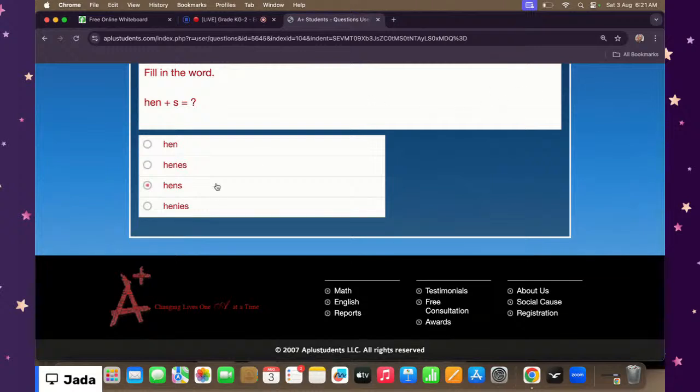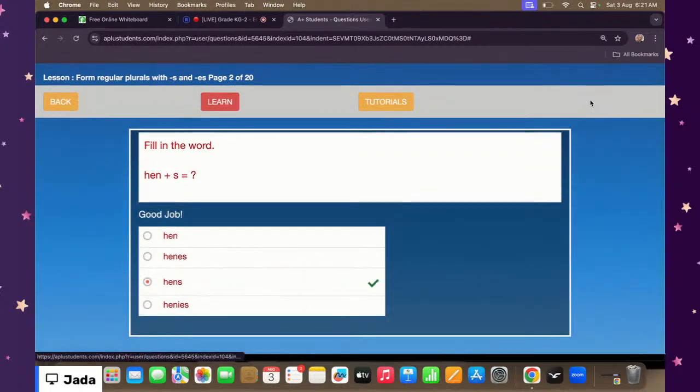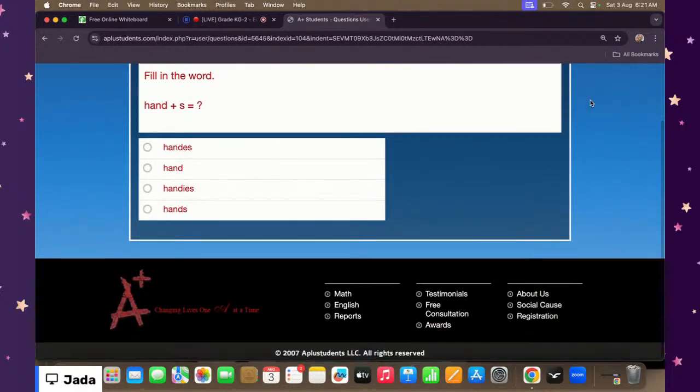Hens. Okay? Han plus s. Han plus s is what? Type in the words. Don't put only the options.